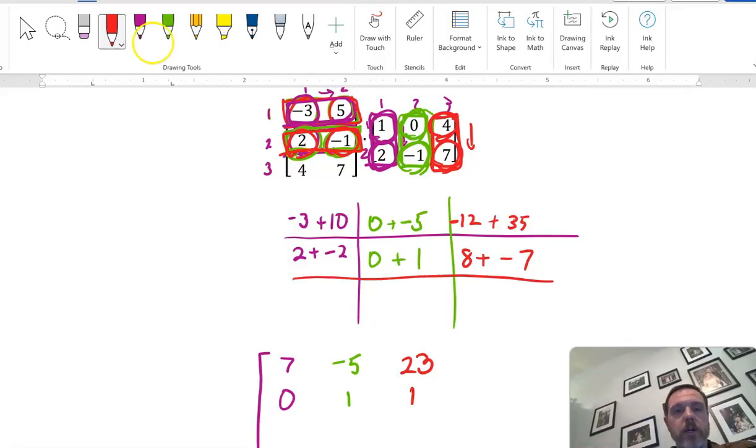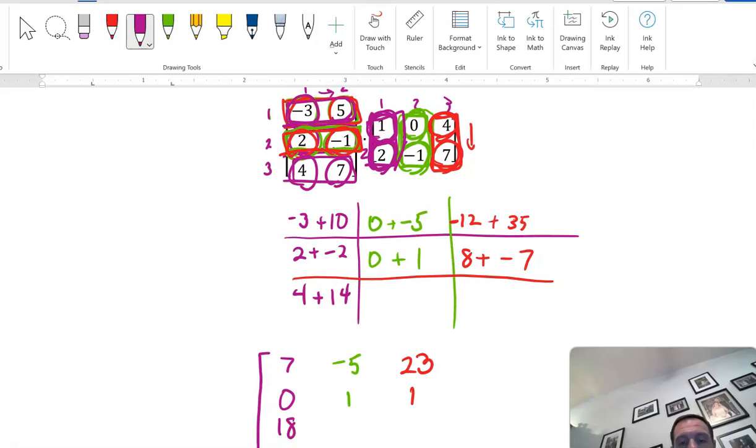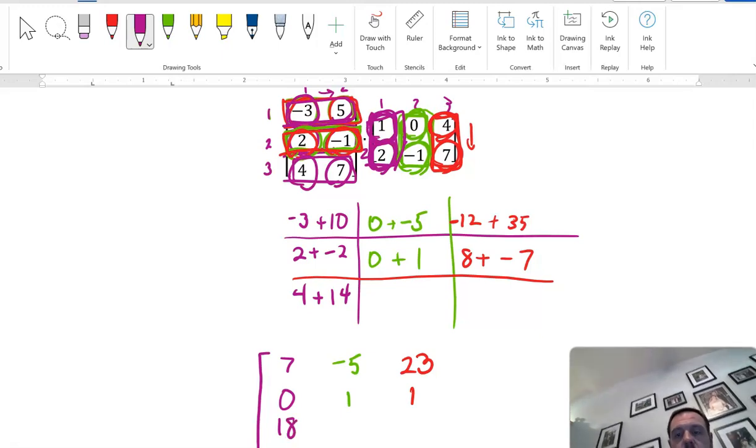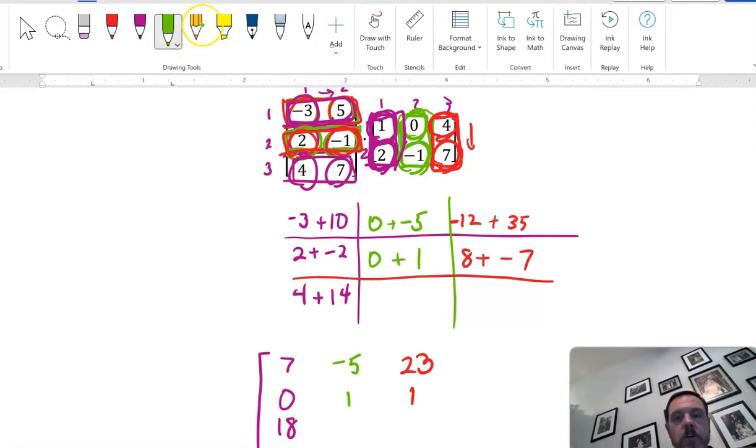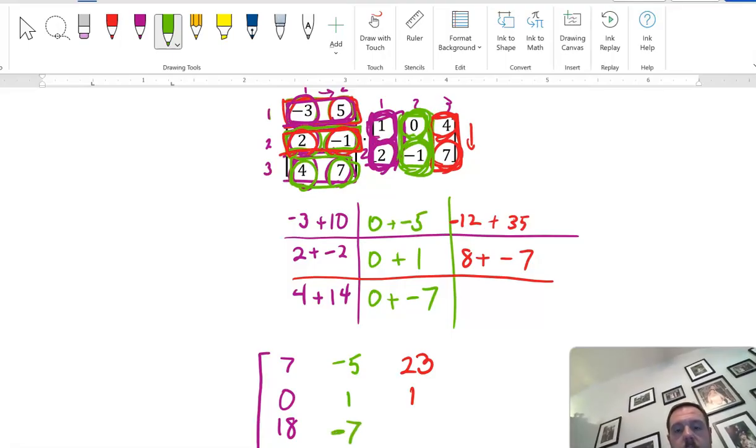Bottom row. First column. 4 times 1 is 4. 7 times 2 is 14. Add those up, and we have 18. Bottom row, middle column. 4 times 0 is 0. 7 times negative 1 is negative 7. 0 plus negative 7 is negative 7.